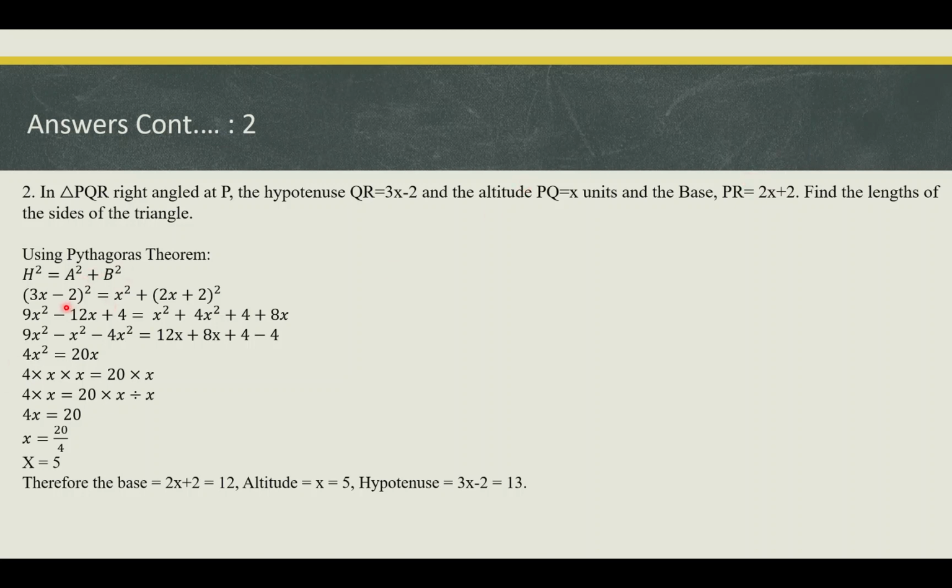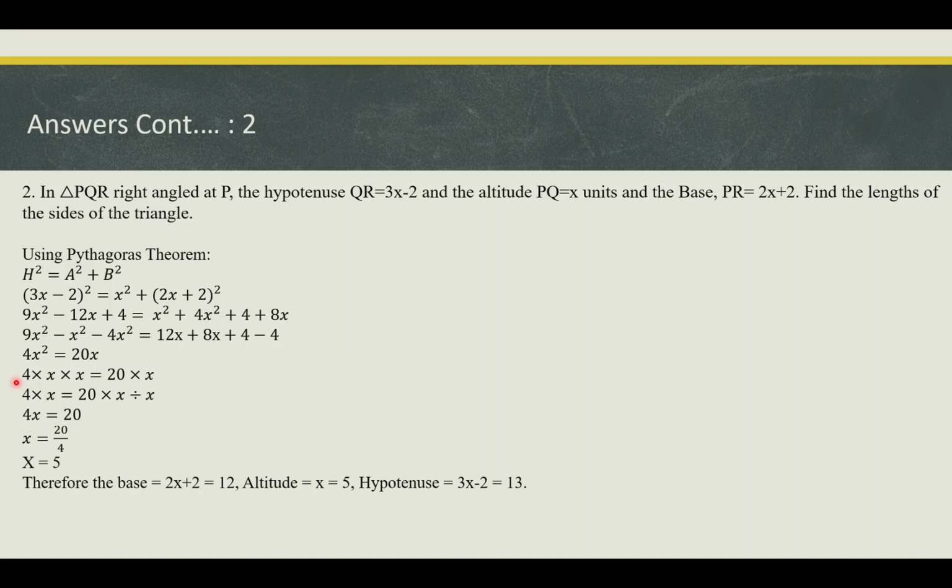In steps number 4, 5 and 6, we have 4x squared is equal to 20x. If you're smart enough to understand, you can just cross out the 2 and the x. But if not, you have to expand the 4x squared, which is 4 into x into x, equal to 20 into x.